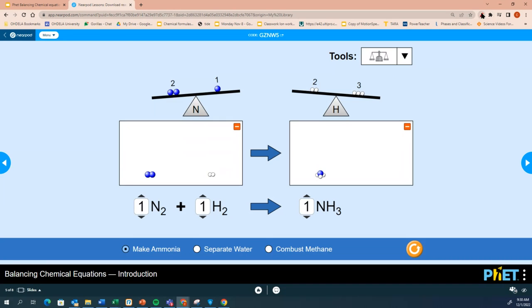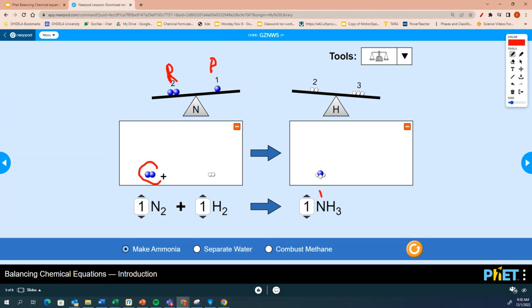This right here is the reactant side. These represent the molecule of nitrogen that we just put in on the reaction side. This side is the product side. So this is telling us there is 1 nitrogen there. So it has balances for the different elements we have.